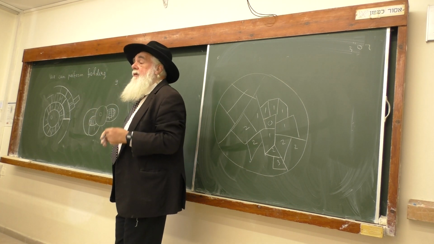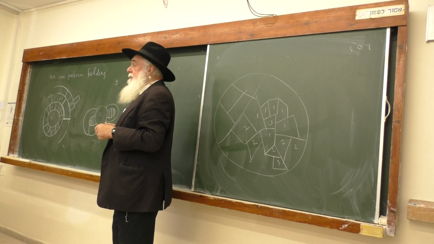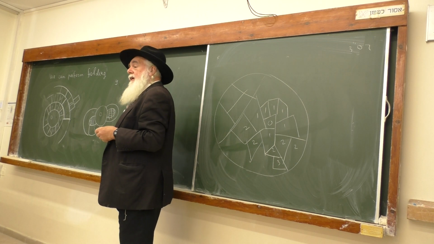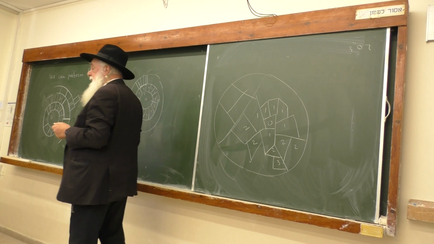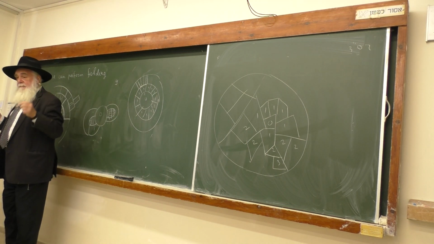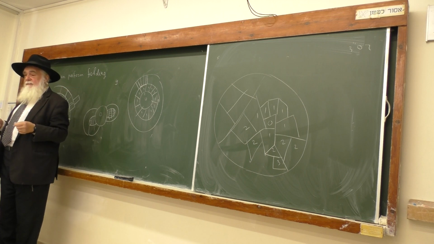So actually it means that the number of regions will increase exponentially. What we have here is a discrete analog of the exponential map in the case of non-positive curvature.